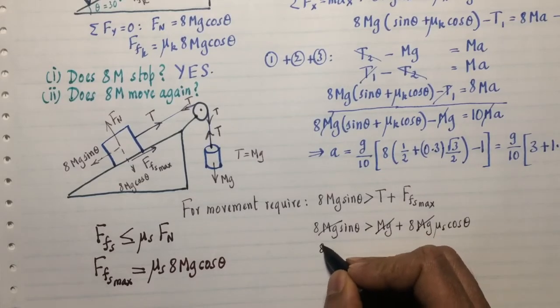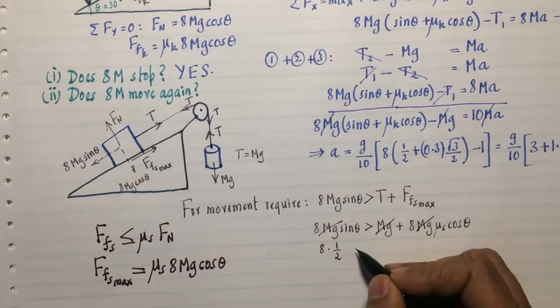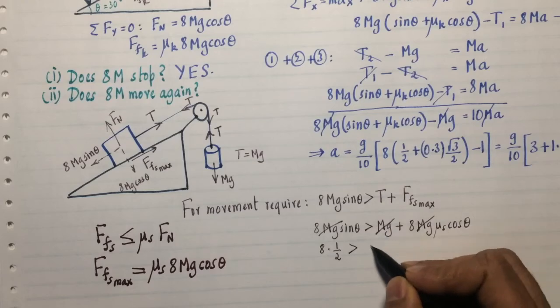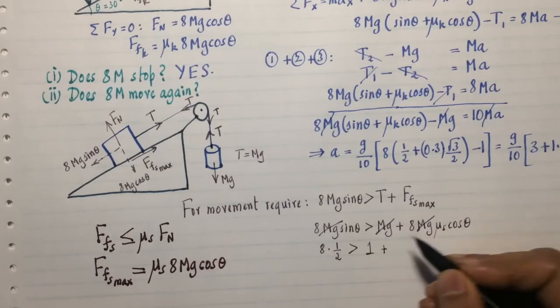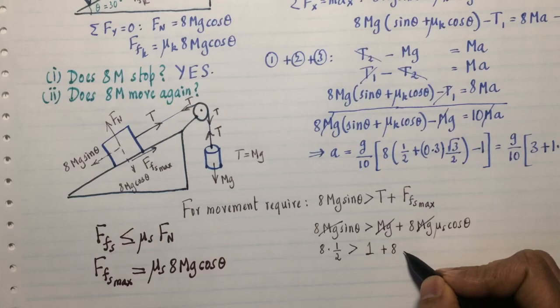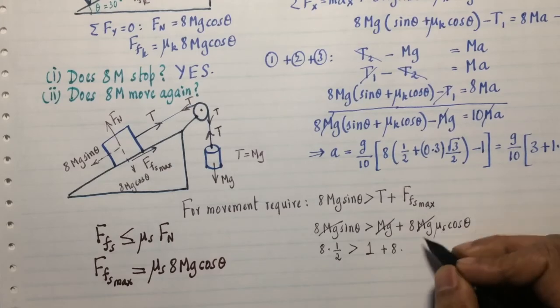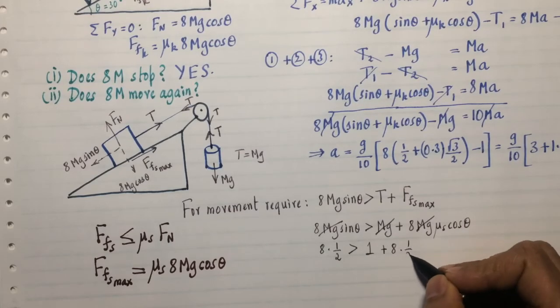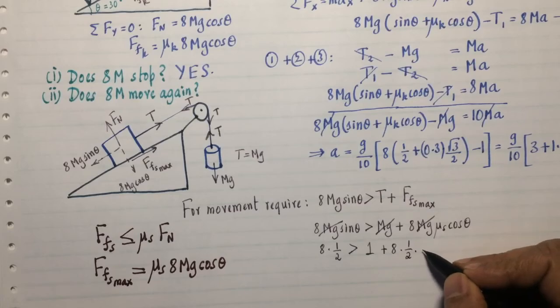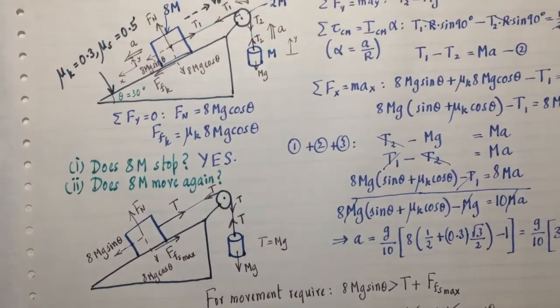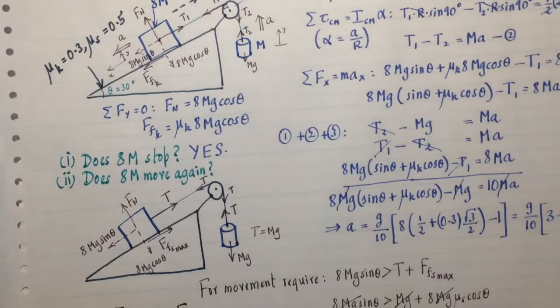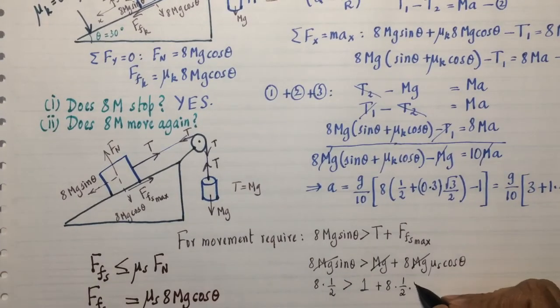So we have to ask if 8 times sine theta, which is half, is bigger than, that's the 1, plus 8 times mu s, which I chose to be half, times cosine theta. Mu s is half, just to remind you. Cosine theta is root 3 over 2.